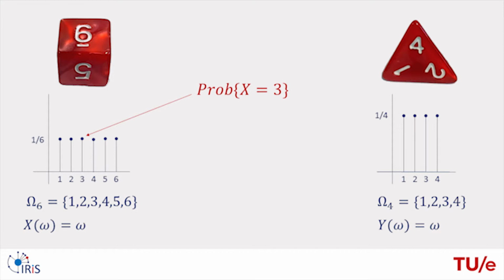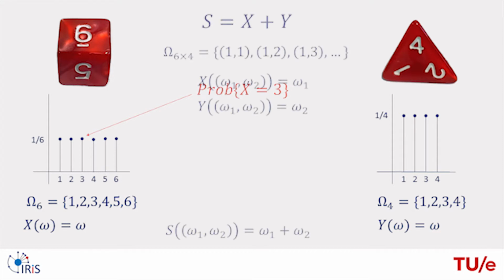If I roll them together, however, then the experiment becomes rolling two dice, and the set of outcomes omega becomes the product space of the two original ones. So the elements in omega form pairs, a pair x, y, containing the outcome for x and for y.